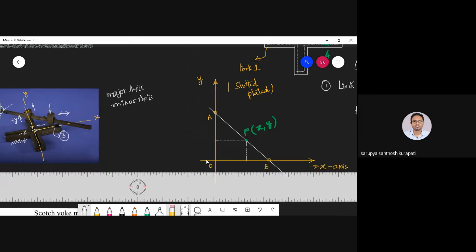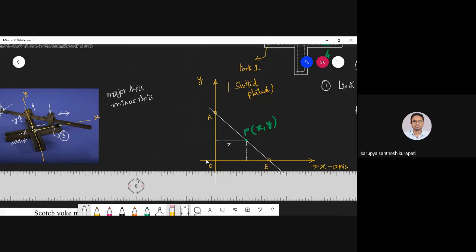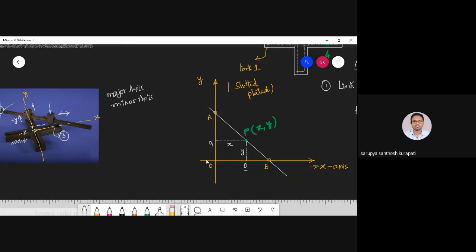I'm defining this particular point with respect to x and y, and this distance is nothing but the x distance, and this distance is nothing but the y distance. So you can take triangles. If you observe carefully, the triangle A, P, O1, and here you can take this point as O2.